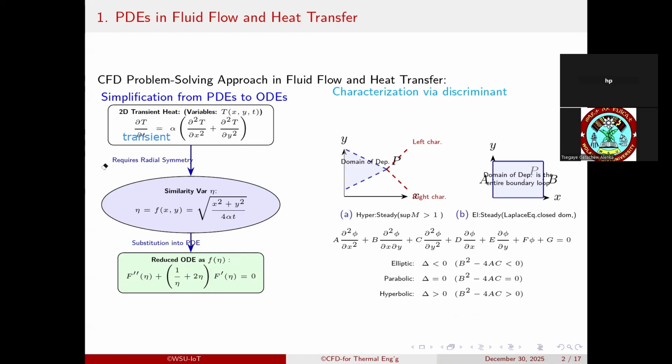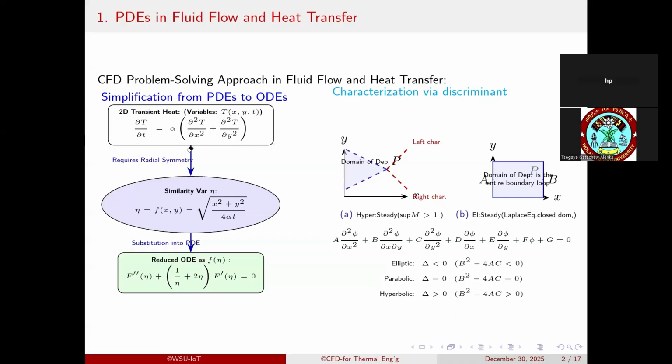The transient term is given by the rate of change of temperature with respect to time, and the spatial temperature gradients are on the right hand side. Here alpha is the thermal diffusivity for isotropic materials, which is the ratio of thermal conductivity to density and specific heat.